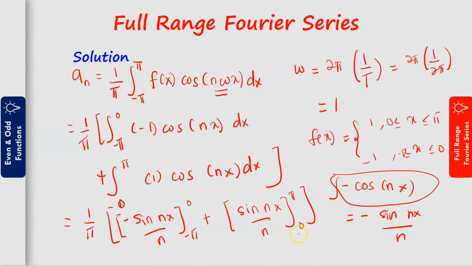And then I can factorize this n, and I will get 1 over n pi.